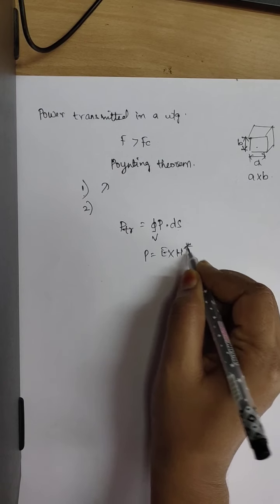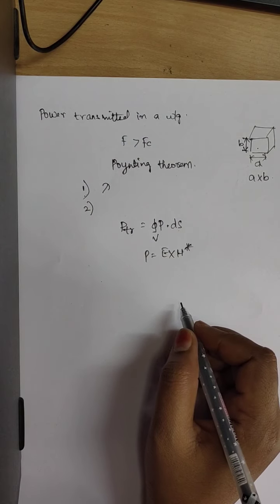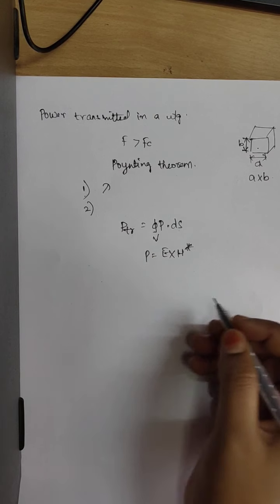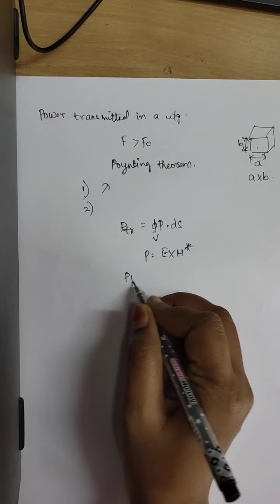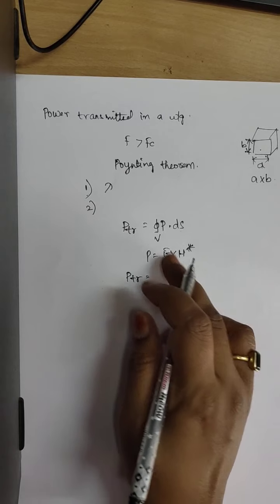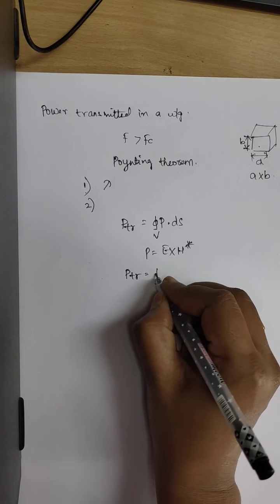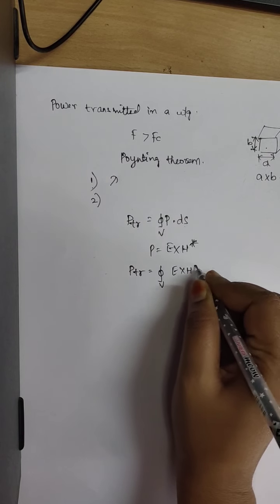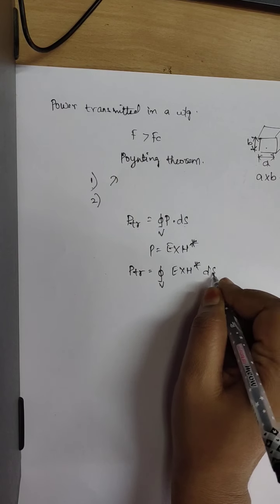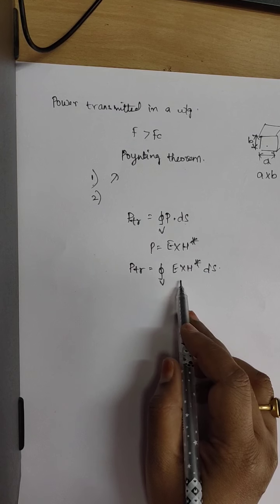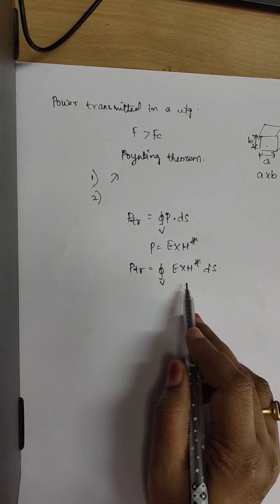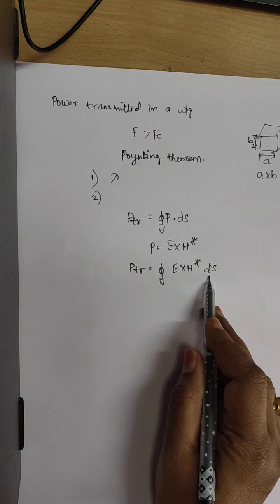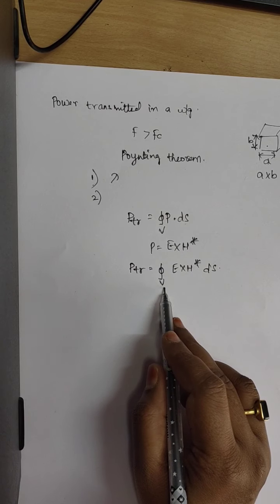This is the Poynting theorem, where the electric and magnetic fields are orthogonal to each other. So the power transmitted is the closed-surface integral of E cross H star ds. This theorem gives the complex power transmitted across the surface enclosed by the volume.